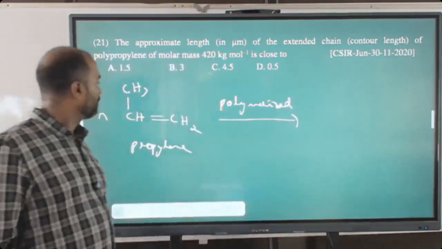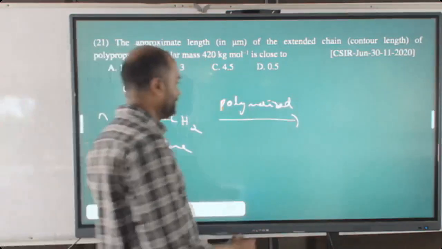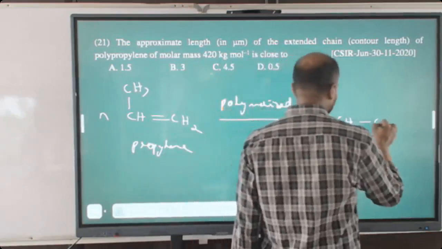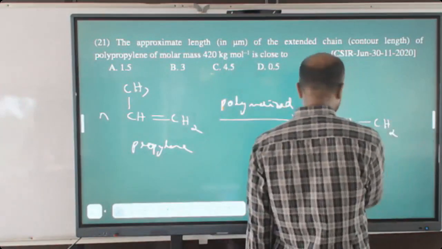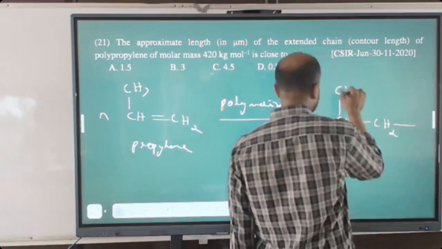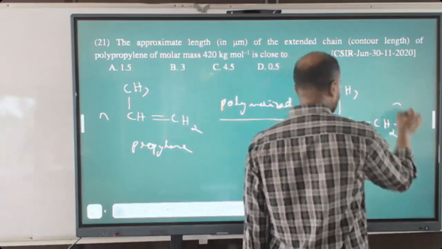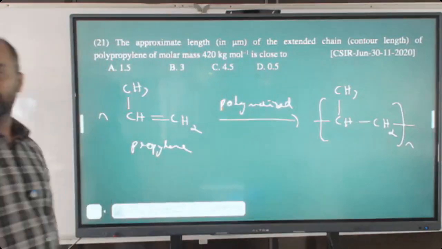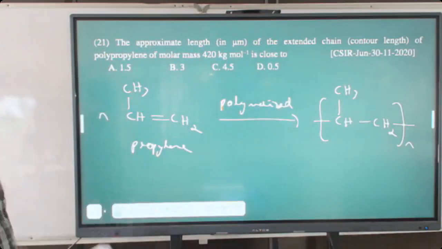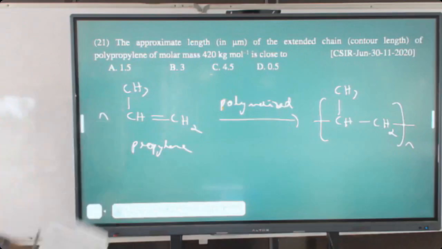When polymerized, you will get the polypropylene. That is CH, CH2, N times. This is polypropylene. Then first you have to find the segment length, the length of the monomer.